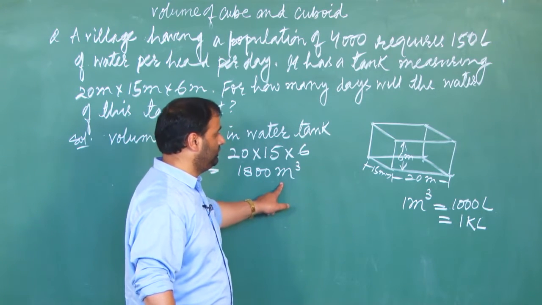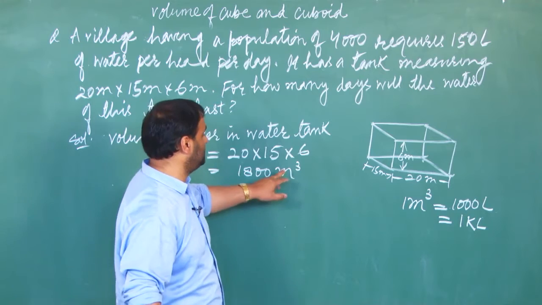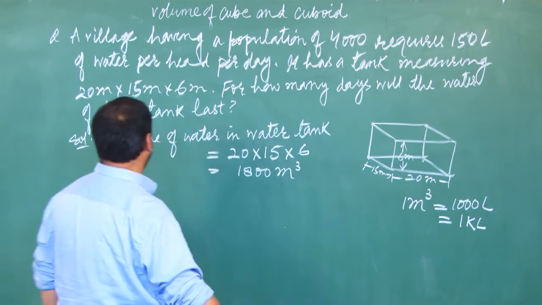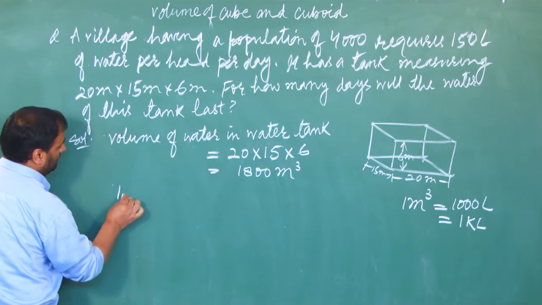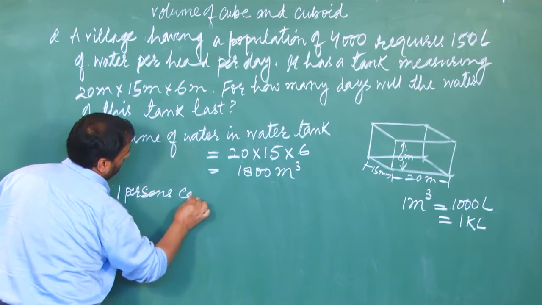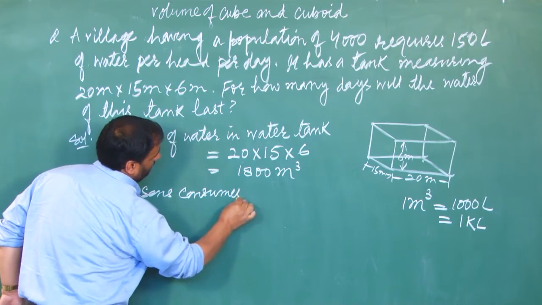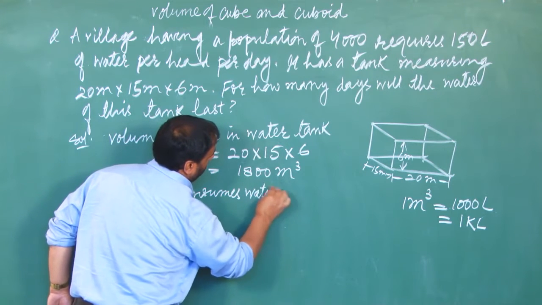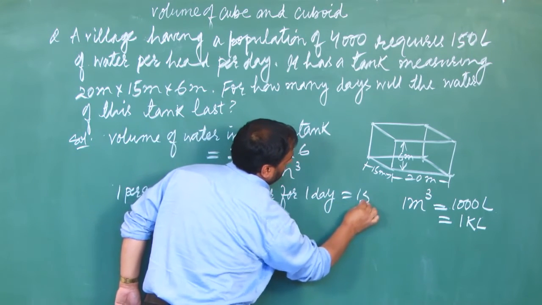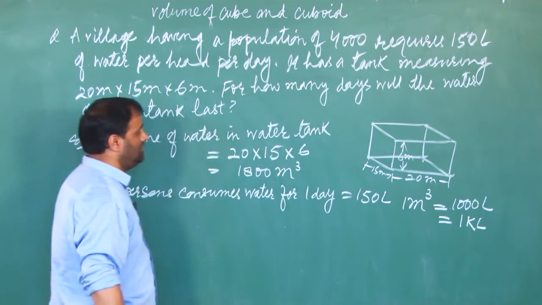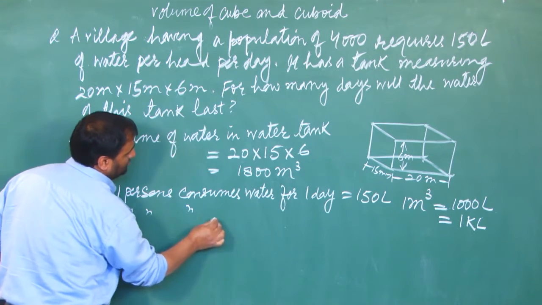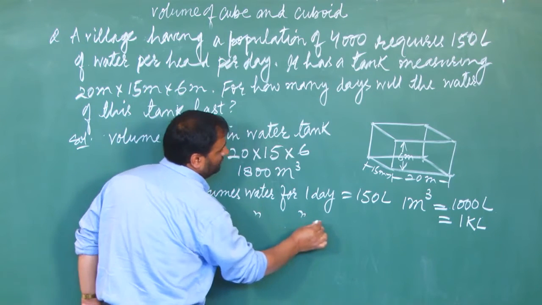You can change meter cube into liters or keep it as it is, and after that you can change liters into meter cube. Now, one person consumes 150 liters of water for one day. Then 4,000 people living in that village will consume how much water for one day?